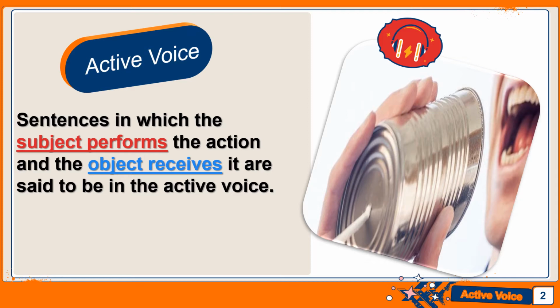A sentence is said to be in active voice if the subject performs the action and the object receives that action. It is that very simple. That means the doer of action does the action and the receiver of action receives that action. That sentence is said to be in active voice if this happens.